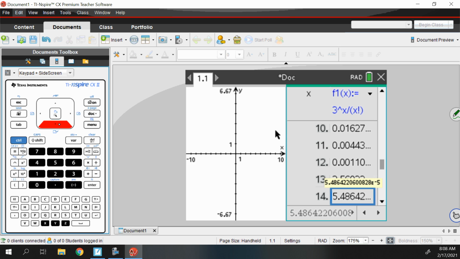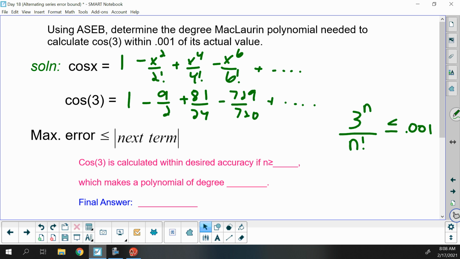So that means that's our error term. So we would need to go out to the 12th degree then. So again, we don't care about the odd ones. So the 12th one was 0.0011 and some other stuff.